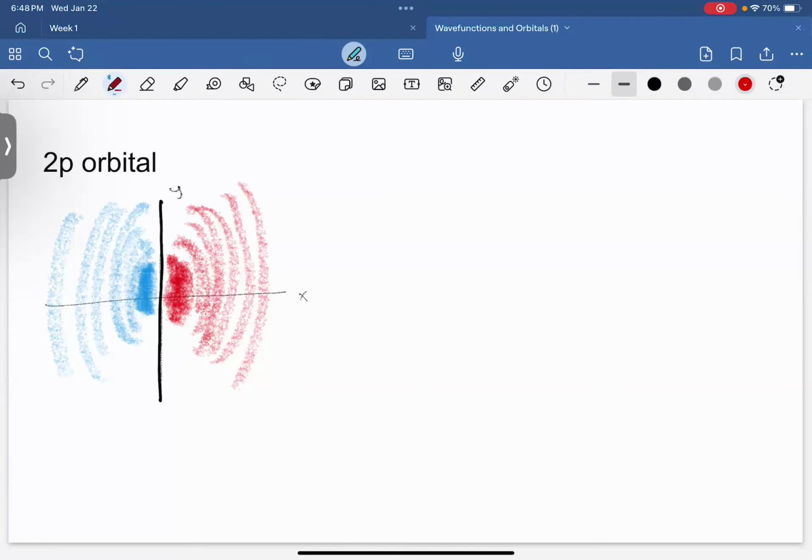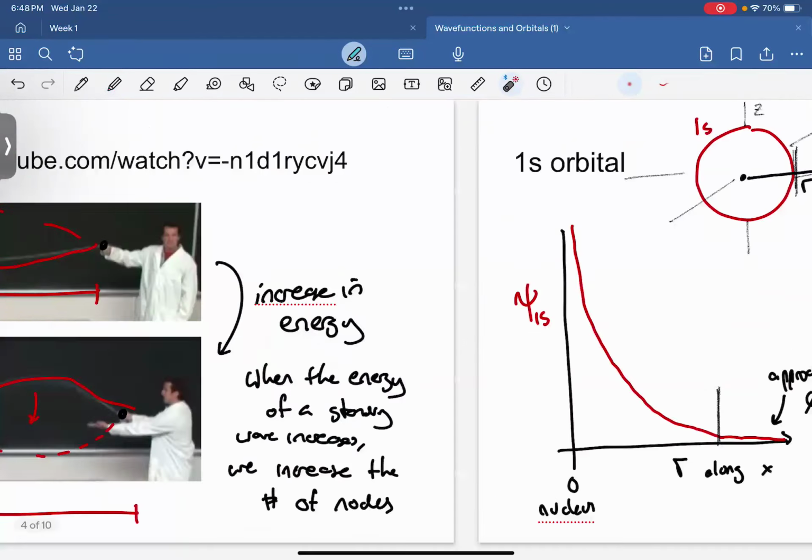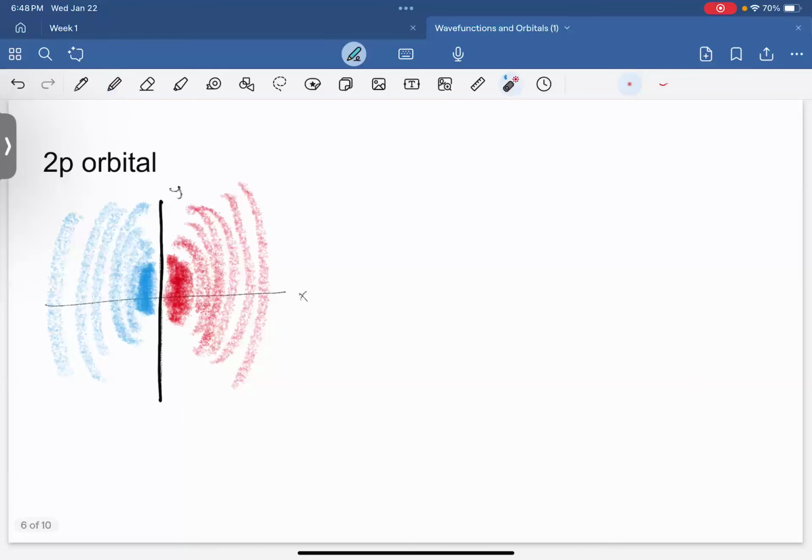And so they are very much oscillating, just like this one-dimensional picture is, but they just also extend into 3D space.